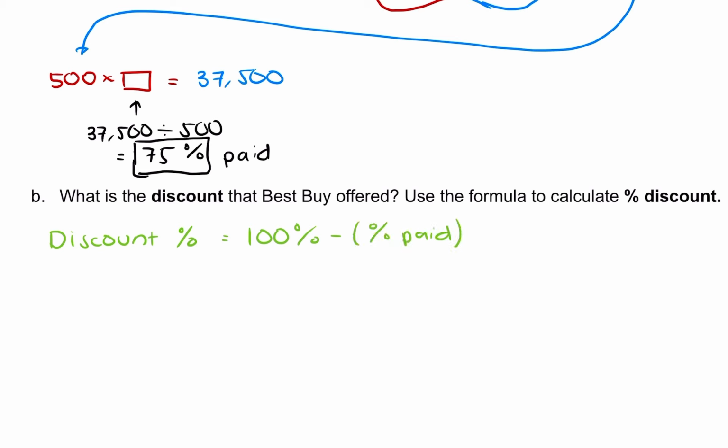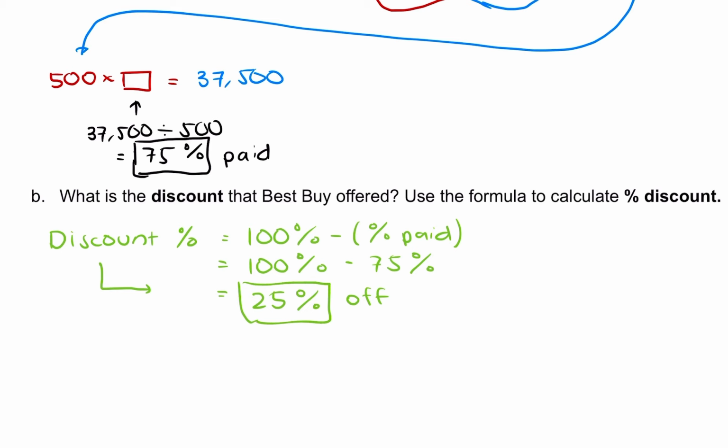So we fill in the numbers with what we just found. We have 100% minus 75%, and that leaves us with 25%. So our discount is 25% off. Mission accomplished, we found the discount percent.